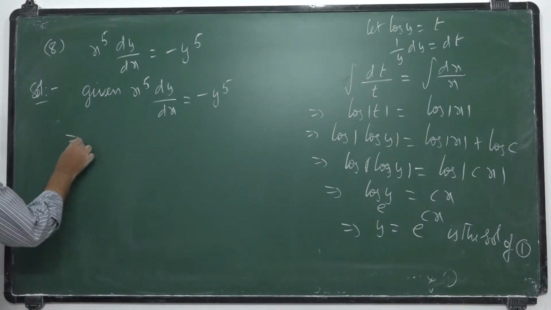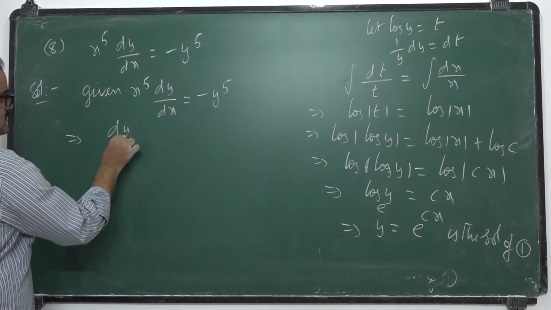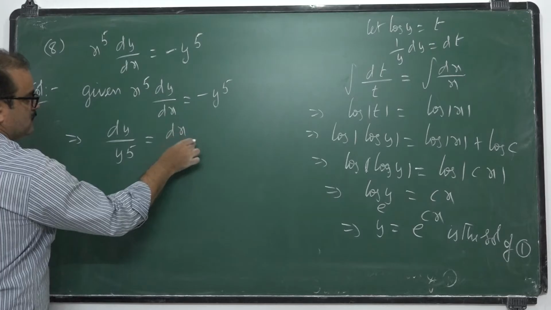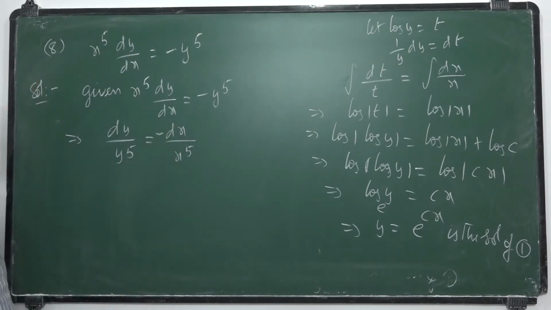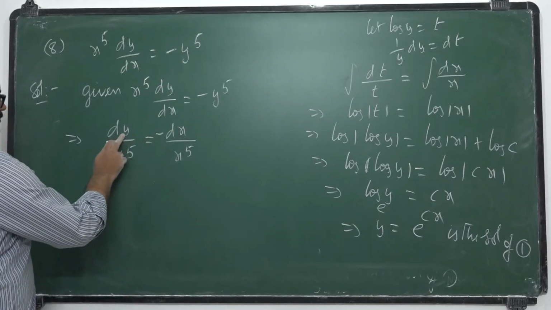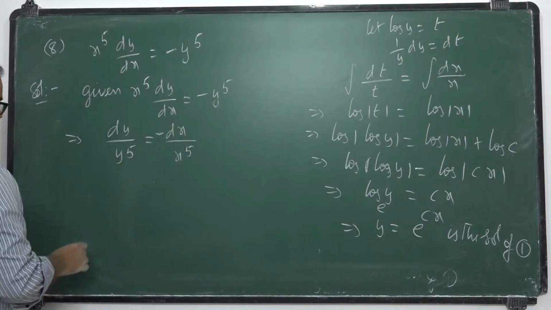Now separate the variables x and y. Write it as dy by y power 5 is equal to minus dx by x power 5. On cross multiplying, we get x power 5 into dy is equal to minus y power 5 into dx.